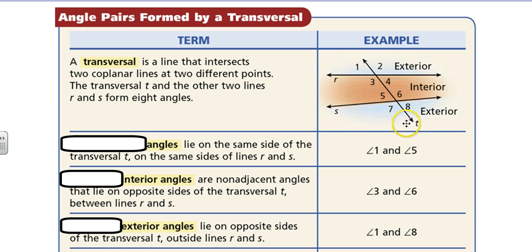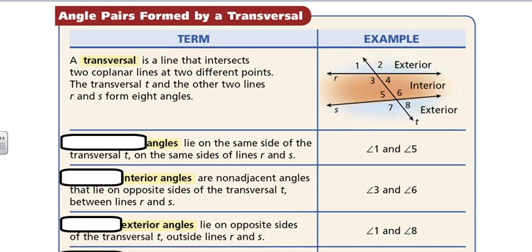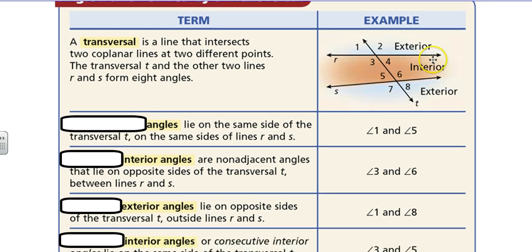Where T intersects R, we have these 4 angles, 1, 2, 3, 4. Where T intersects S, we have 5, 6, 7, 8. So we have some special relationships that are formed when a transversal intersects two coplanar lines.